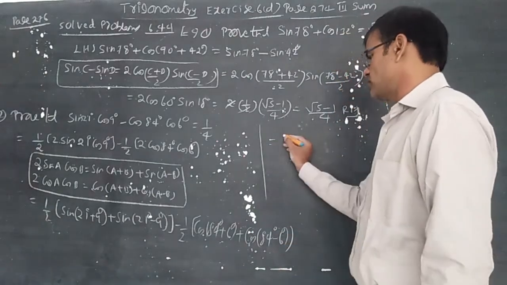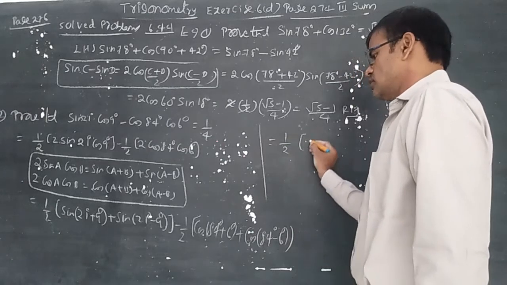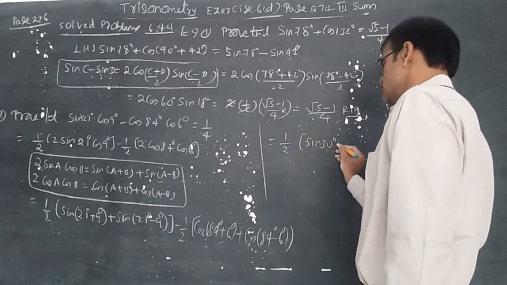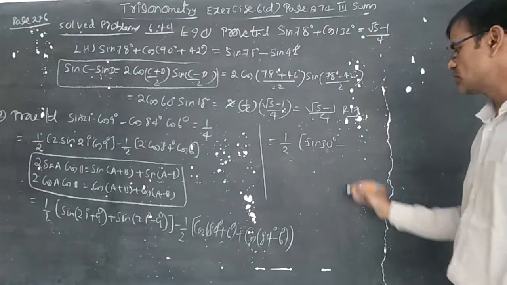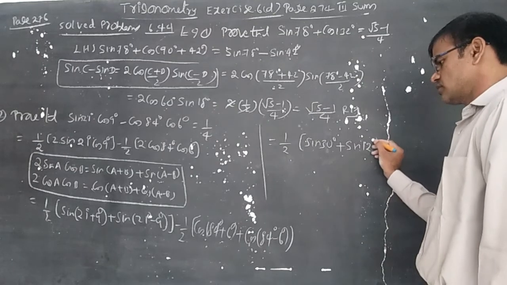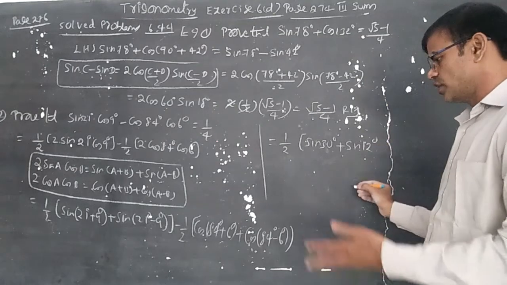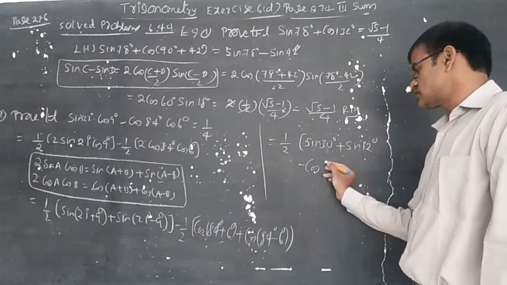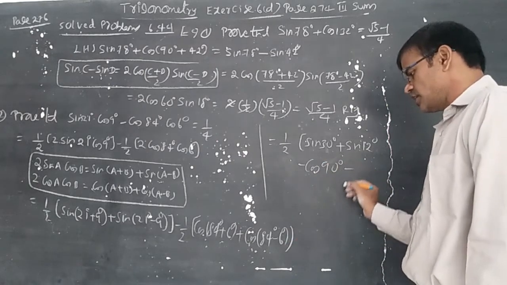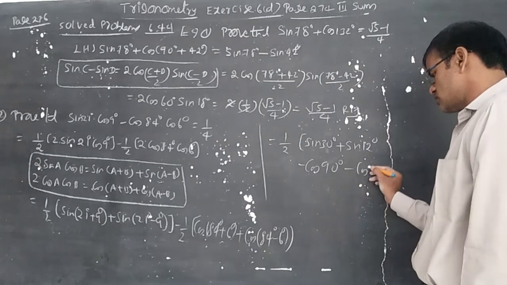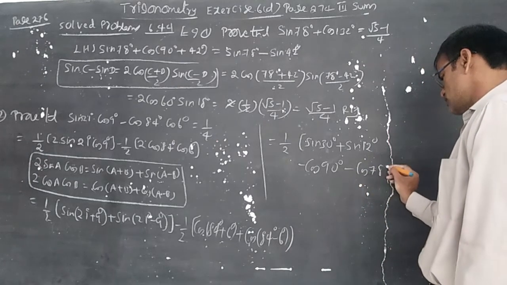That is equal to 1 by 2 into sine 21 plus 9 becomes sine 30 degrees, plus sine 21 minus 9 becomes sine 12 degrees, minus cos 84 plus 6 becomes cos 90 degrees, minus cos 84 minus 6, it is cos 78 degrees.